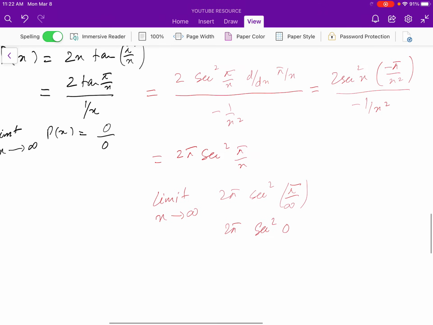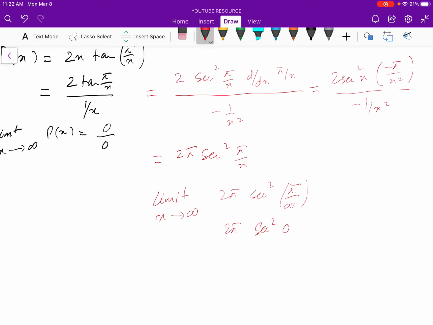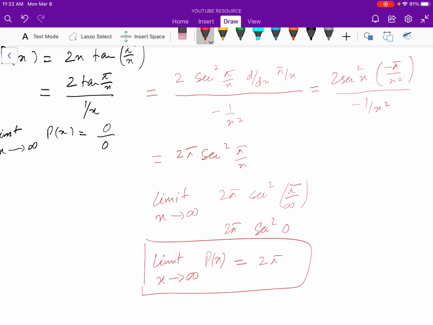That gives you the value of 2 pi. So the limit as x tends to infinity of p(x) is 2 pi. That's what the limit is.